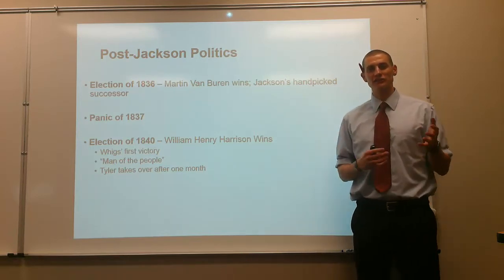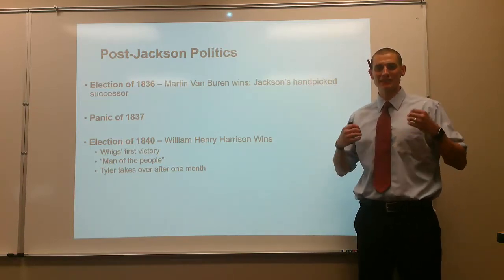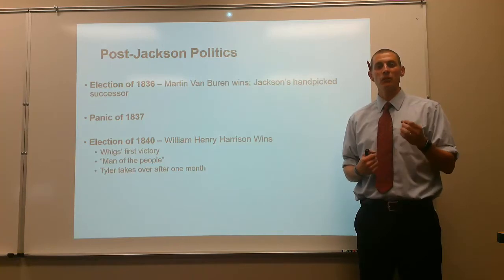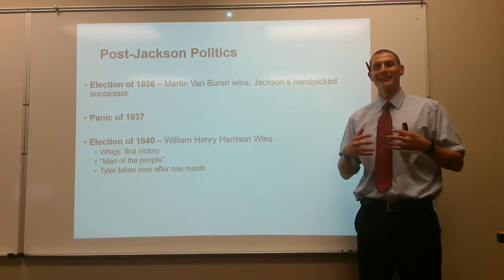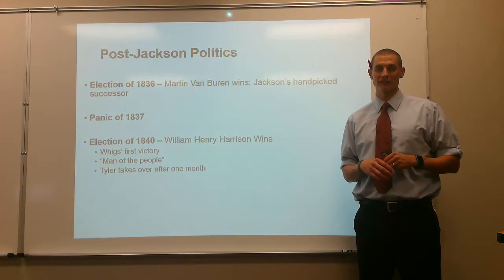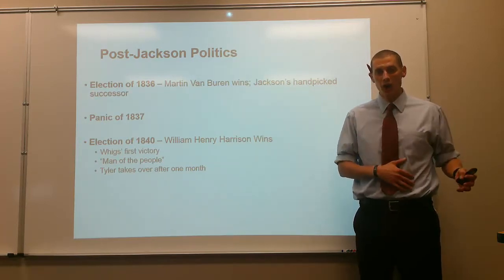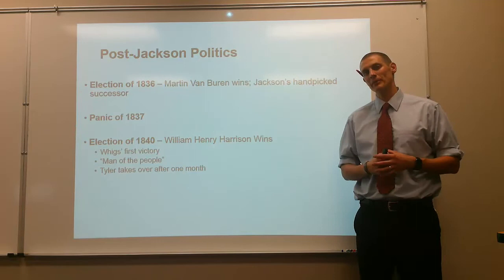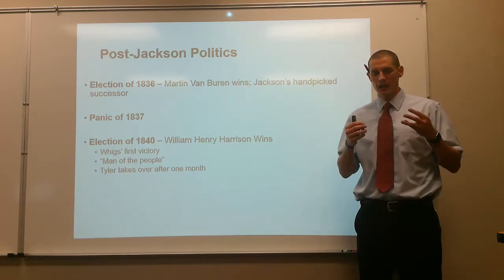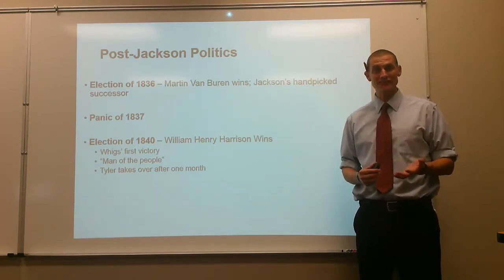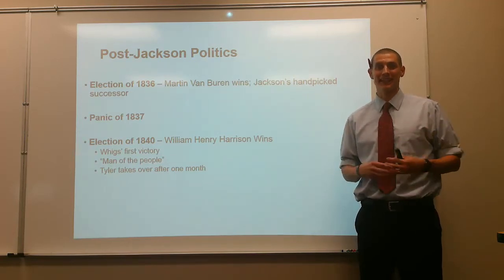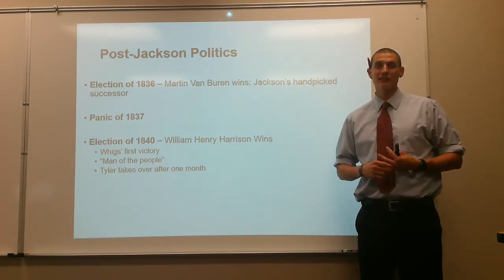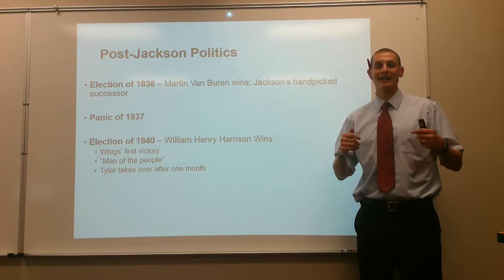Following Andrew Jackson's presidency, his hand-picked successor, Martin Van Buren, ends up winning the election of 1836, becoming the 8th president of the United States of America. We left off on the last slide talking about how the destruction of the Second Bank of the United States and the lack of stability in the American economic system is going to lead to an economic collapse.